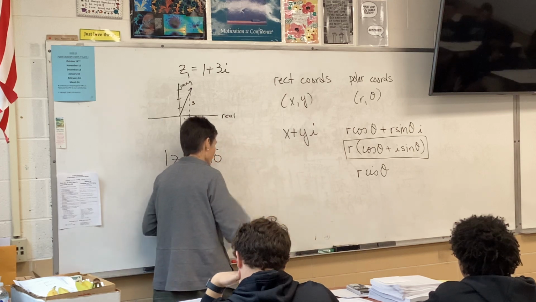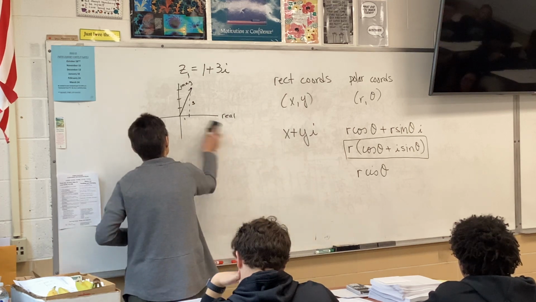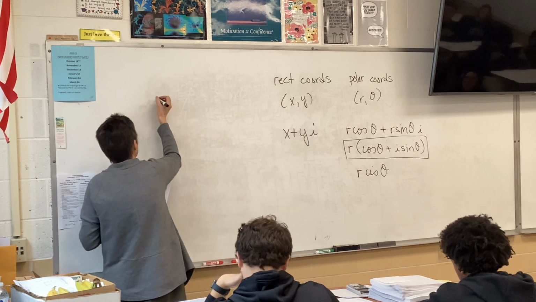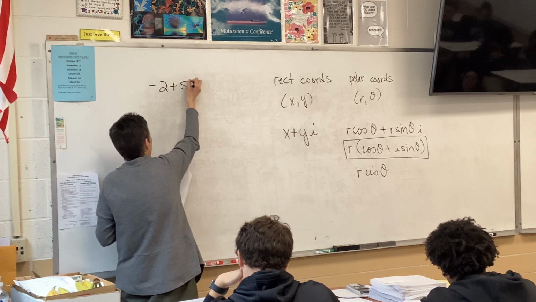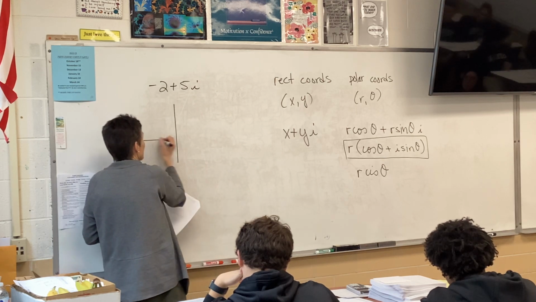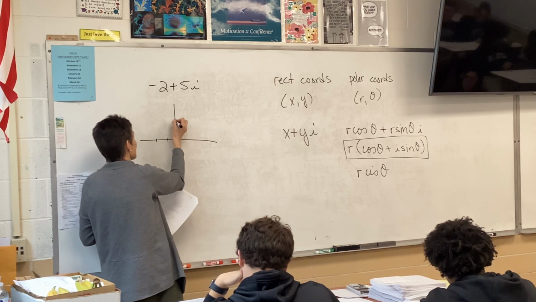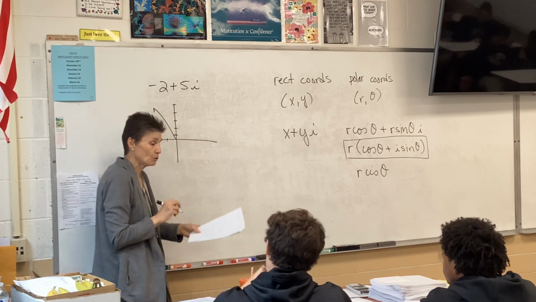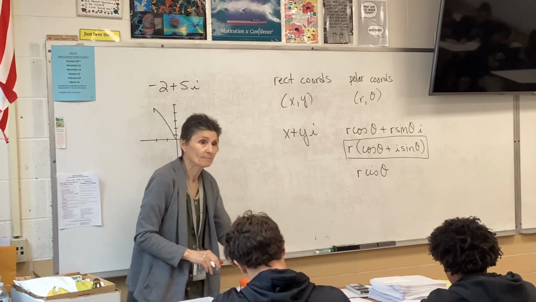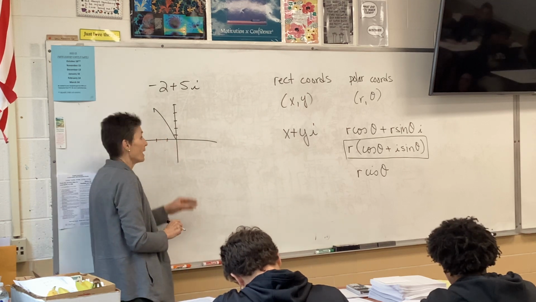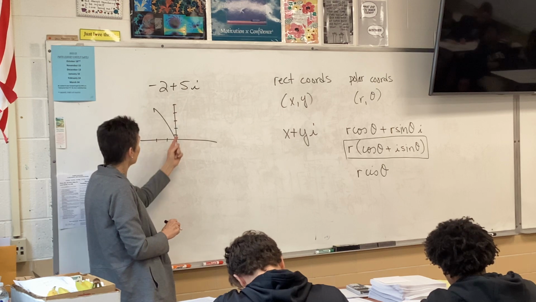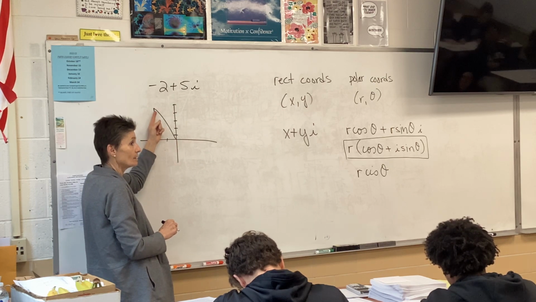Convert the following to polar form. So we have the number -2 plus 5i, which if we graphed it would look like this. Would everybody agree? -2 plus 5i would look like that. This is rectangular, Cartesian, x and y.